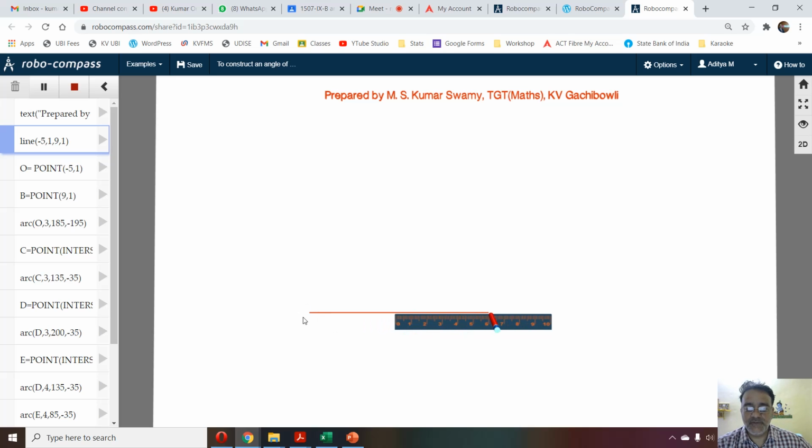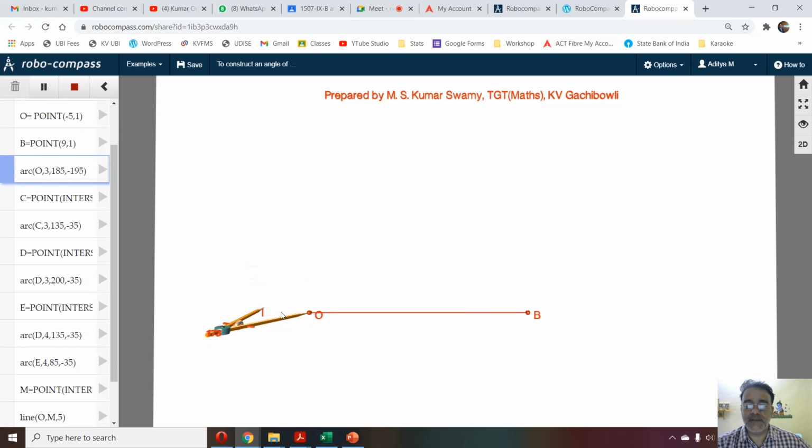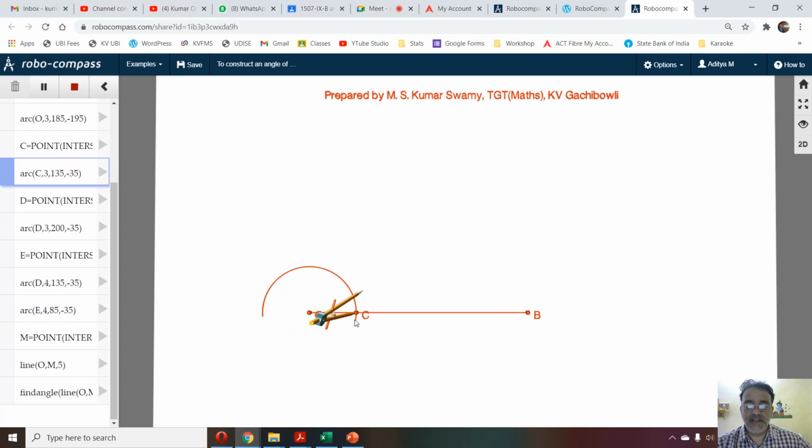Now I'm going to take this point as O and this point as B. Right, after that with center O we have to draw an arc of convenient radius. जो arc जो draw करेंगे बिल्कुल semi circular arc लगभग draw करेंगे which will intersect OB at point C. Now again with center C we will draw the arc of same radius which will intersect the previous arc at point D.